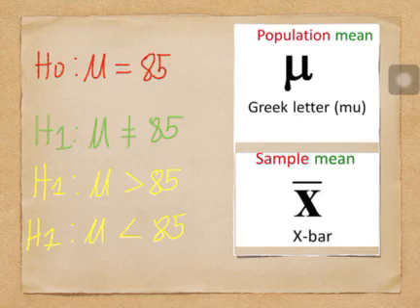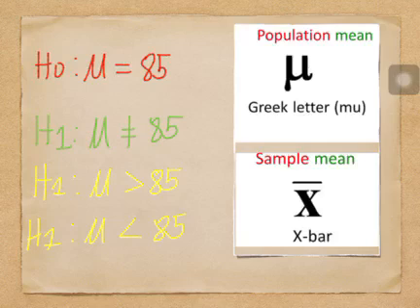Those that are written in yellow, as you can see, the symbol has changed from not equal to either less than or greater than. The reason behind this is that hypothesis testing could be either two-tailed or one-tailed.